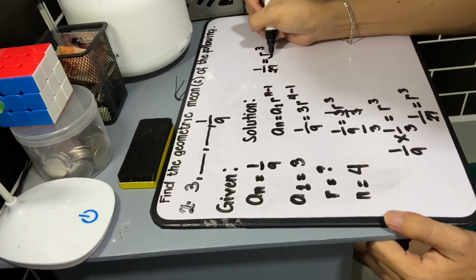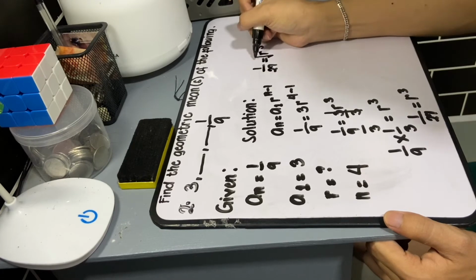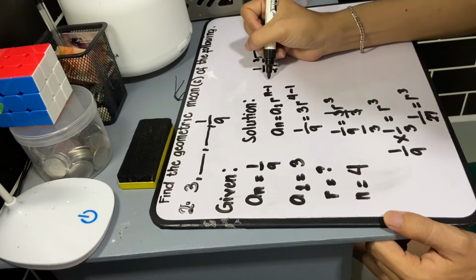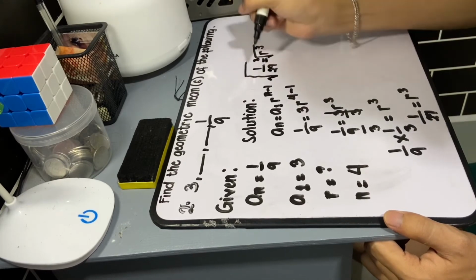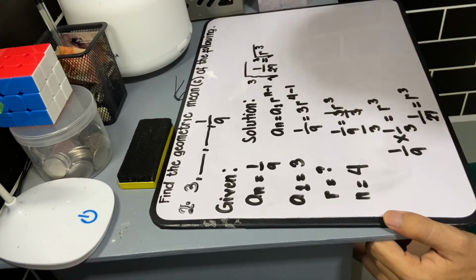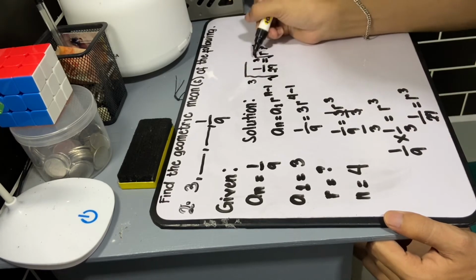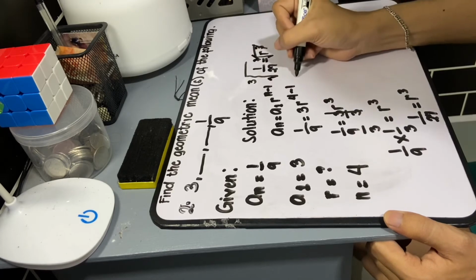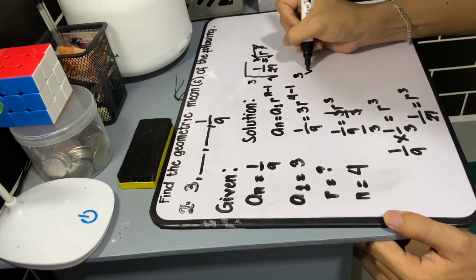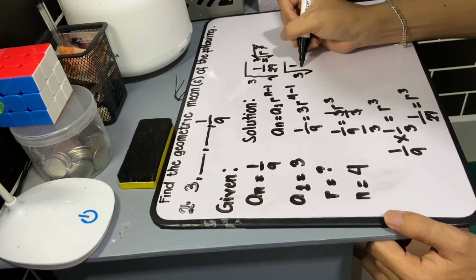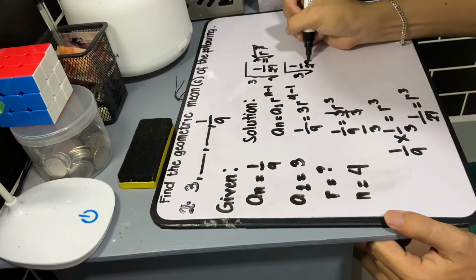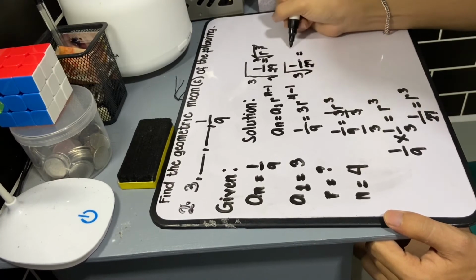So we're going to get the cube root for this one. Write a 3. So this time we are going to cancel out this one and cancel out this one. So we have the cube root of 1 over 27 equal r.